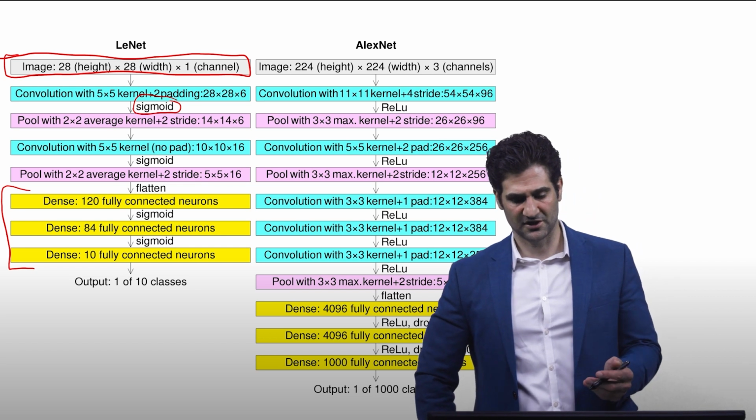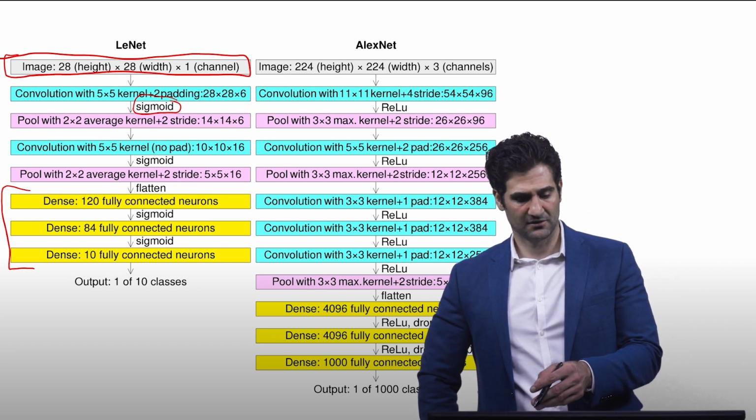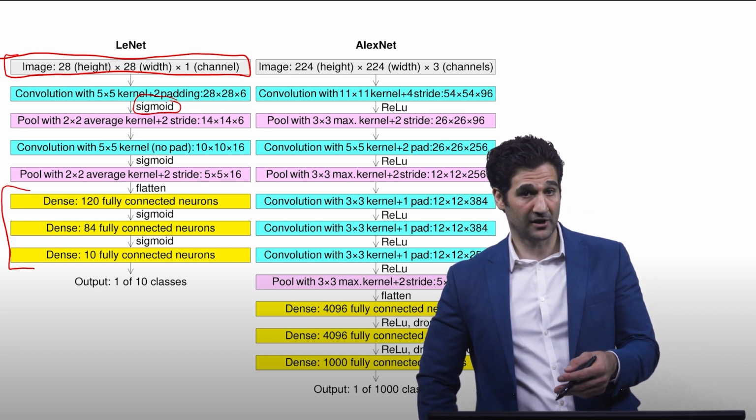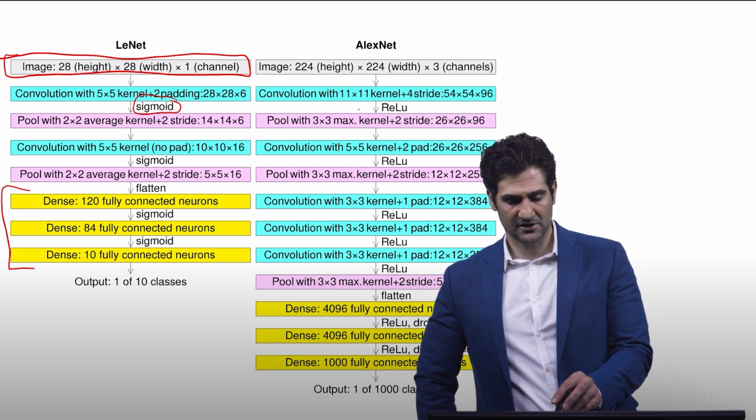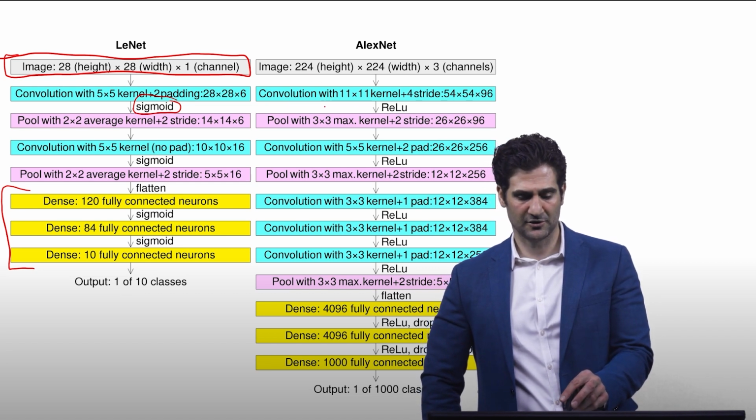And so here we see that even though this is many years later than LeNet, it's starting out with a very similar approach, where right away you're looking at a convolution layer acting directly on the image, followed by a pooling layer.